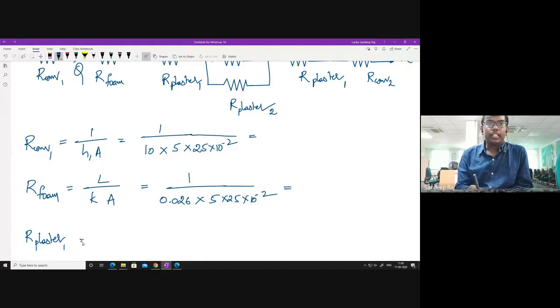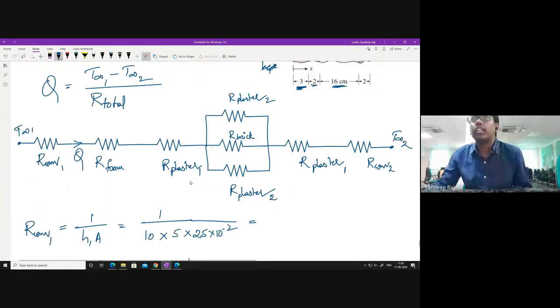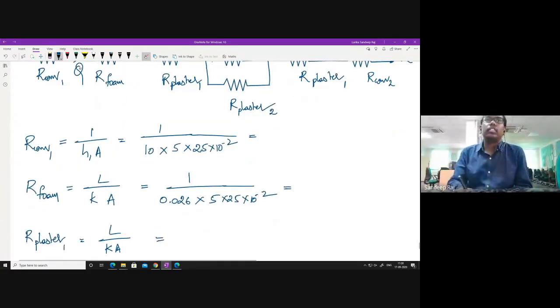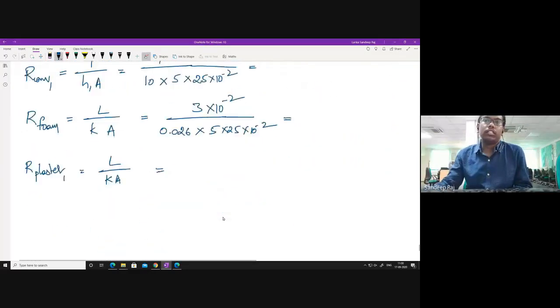R plaster 1 is equal to L by K A again. See, L is not 1 here. I guess it is 3. I should change this to 3 centimeters, so 3 into 10 to the power of minus 2. And the L of plaster here is given as 2 centimeters in the question.